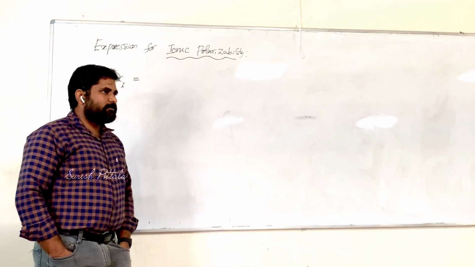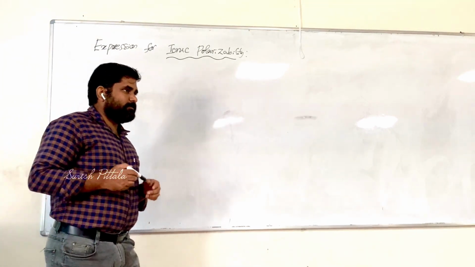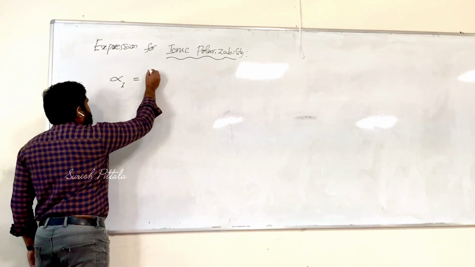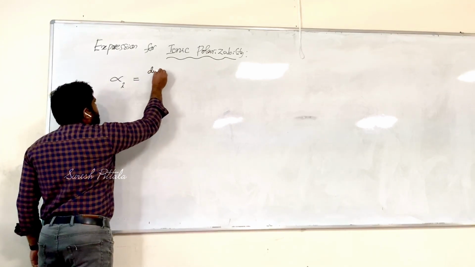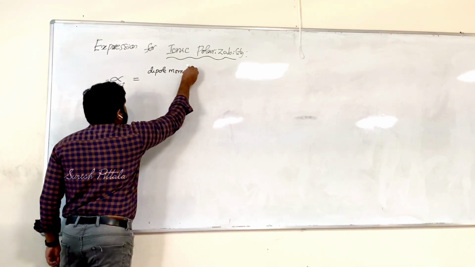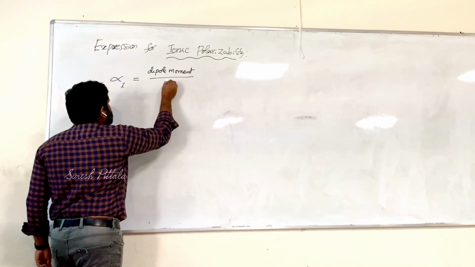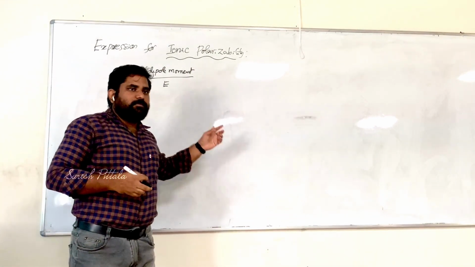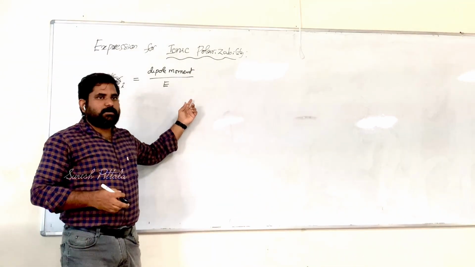Polarizability alpha is the dipole moment p by the electric field. So the dipole moment comes in ionic polarization due to what? Who brings the dipole moment in the ionic crystal?